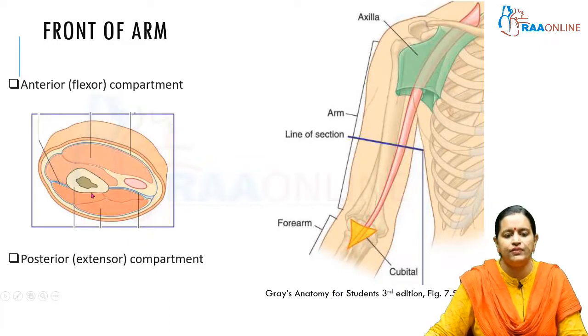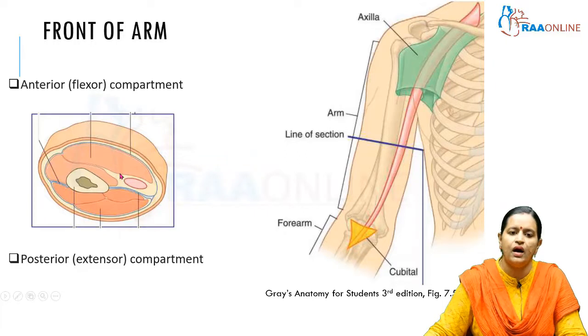The arm itself is divided into two compartments. How? There is only one bone in the arm, which is the humerus. Here I have shown a cross section along the blue line, at the level of the middle of the arm, where this circular one is the humerus.